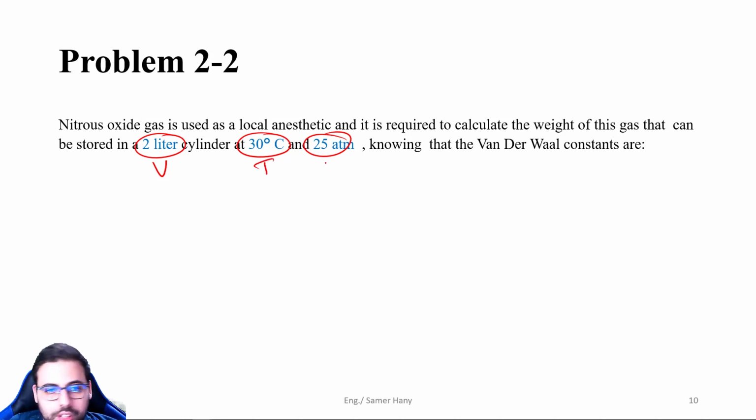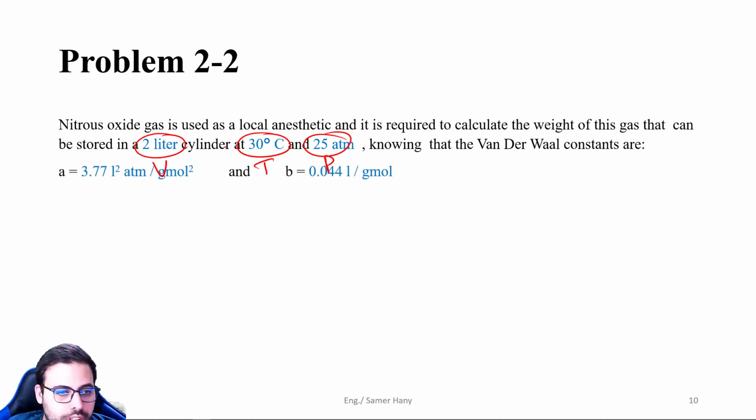Temperature is 30 Celsius, pressure is 25 atmospheres. And of course the van der Waals constants, A and B. And we want to calculate the total weight, so we want the total mass here.